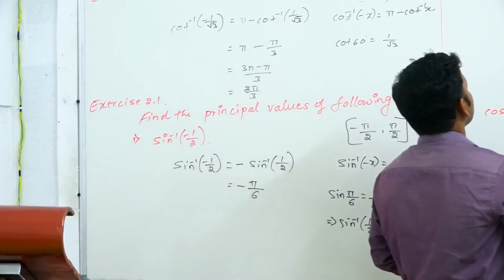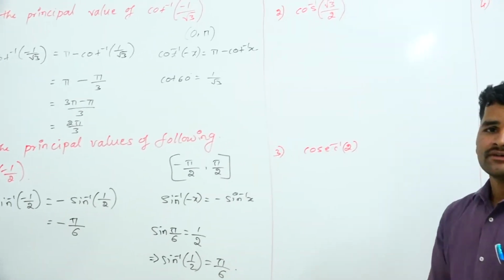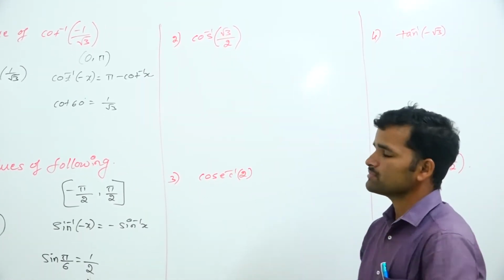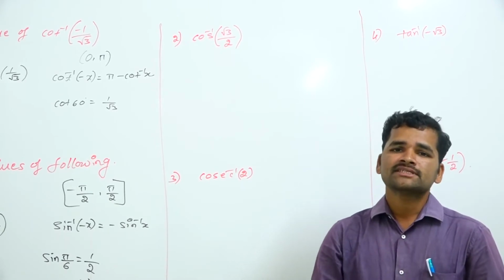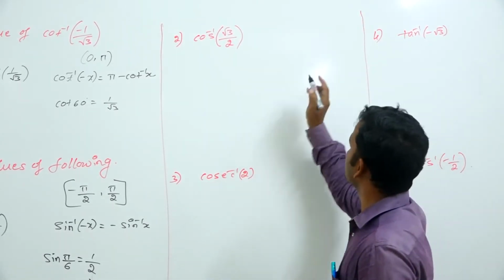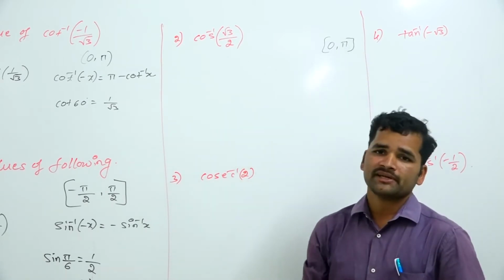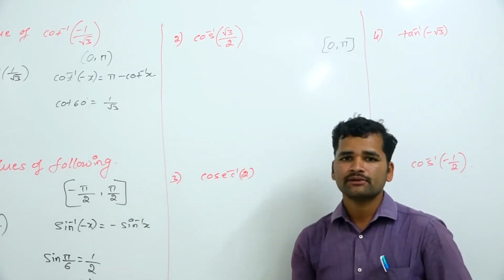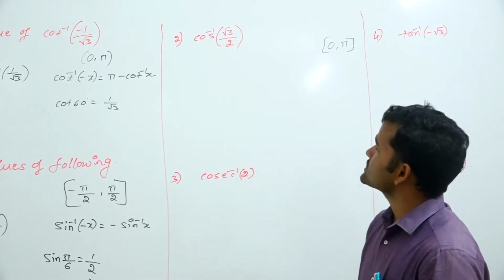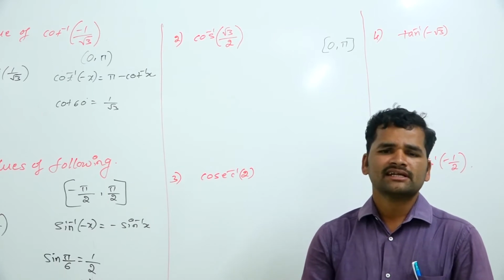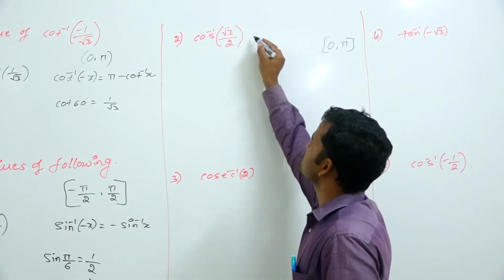Now coming to the second question, cos inverse of root 3 by 2. We need to write the principal value here. What is the principal value branch? It is the closed interval 0 to pi. Within that interval we need to write a value for this. Cos inverse of a positive value is there, so we can directly write the answer.